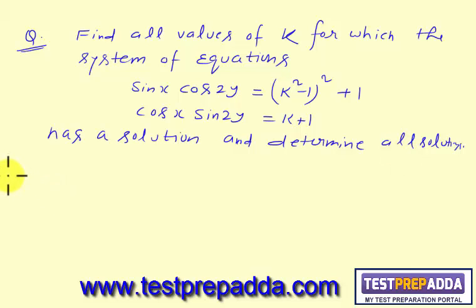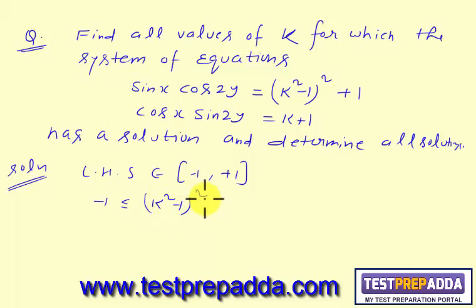Now if you look at the given equations, the LHS of both the equations lies between -1 and +1. So the equations will be valid when minus 1 is less than or equal to (k square minus 1) to the power 2 plus 1, which is less than or equal to 1, and similarly minus 1 is less than or equal to k plus 1, which is less than or equal to 1.